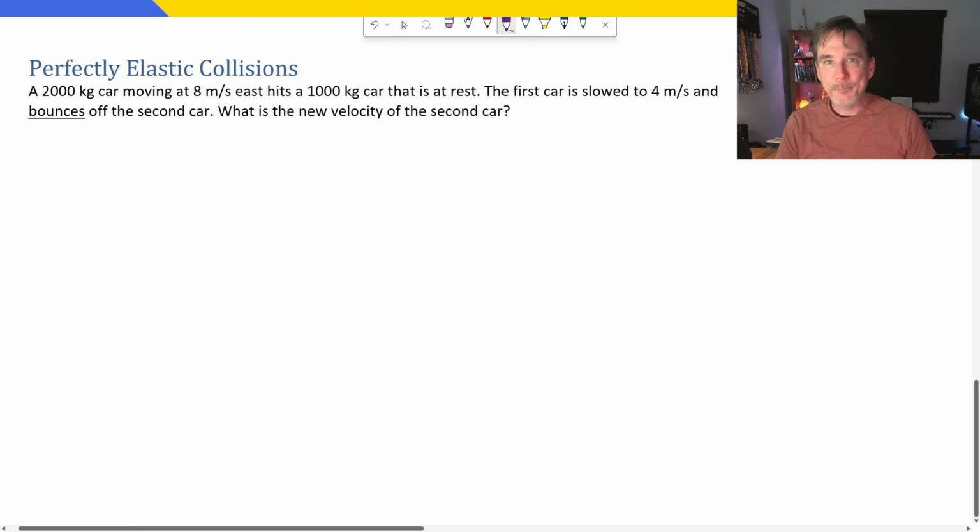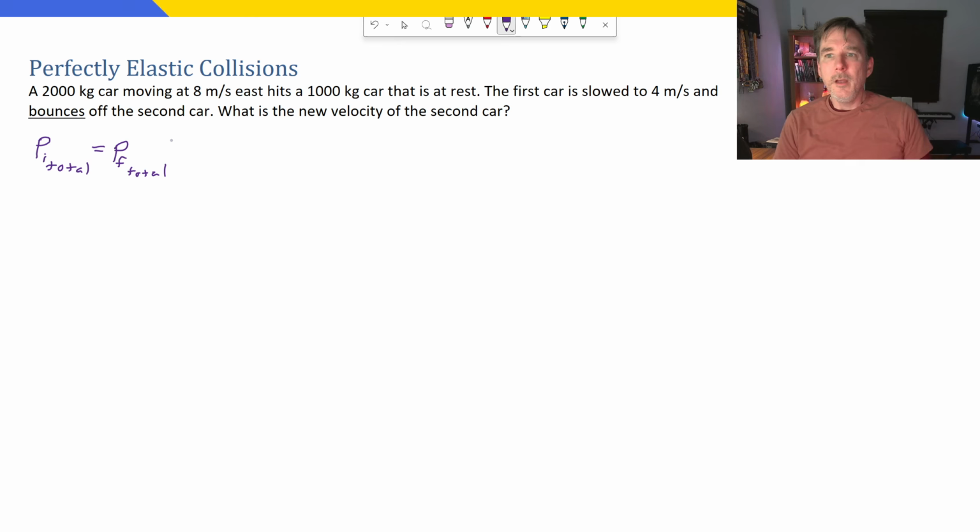All right, so like all of our questions, we've got to realize that the total initial momentum is equal to the final total momentum. And since we've got two cars that bounce off each other, we'll start with the beginning.